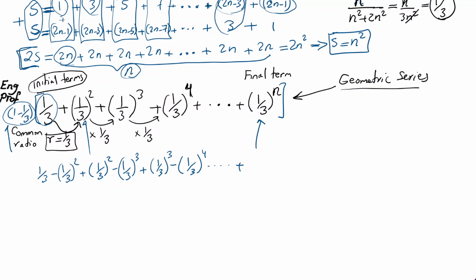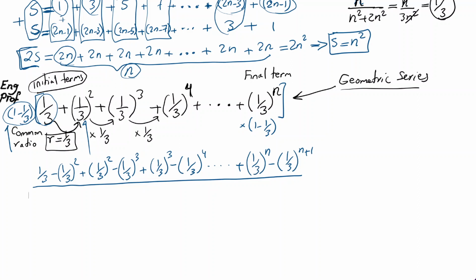The last term multiplied by 1 minus 1 over 3 gives 1 over 3 to the power n minus 1 over 3 to the power n plus 1. The denominator is this thing that we multiply with the numerator; we need to put it in the denominator to cancel it out.